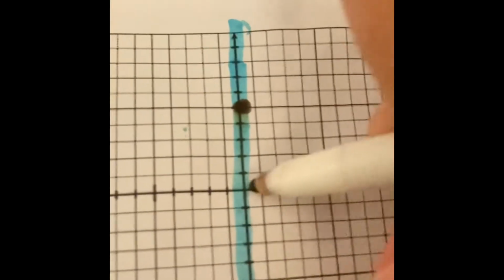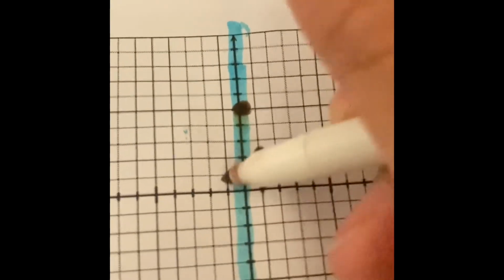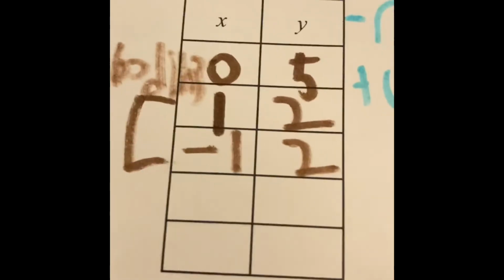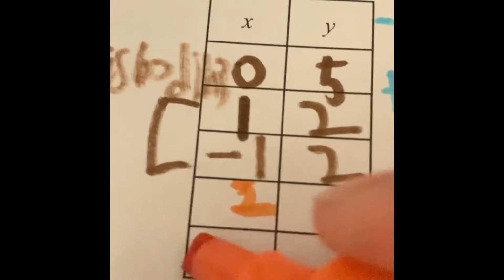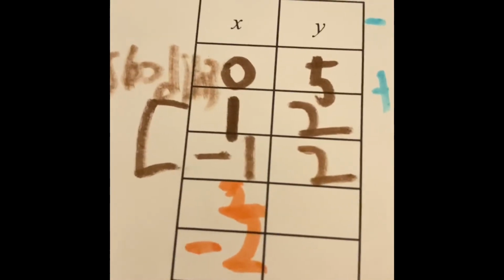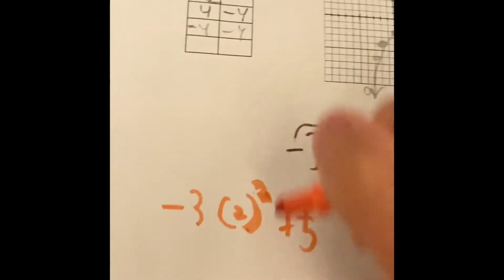Now, let's put it on the graph. So we have 1, positive 2, and negative 1, positive 2. Let's look for 2 more pairs. What would happen if we put the number 2 and negative 2 into it? Let's see. We have negative 3 with parentheses, 2 squared, plus 5. 2 to the power of 2 is 4.